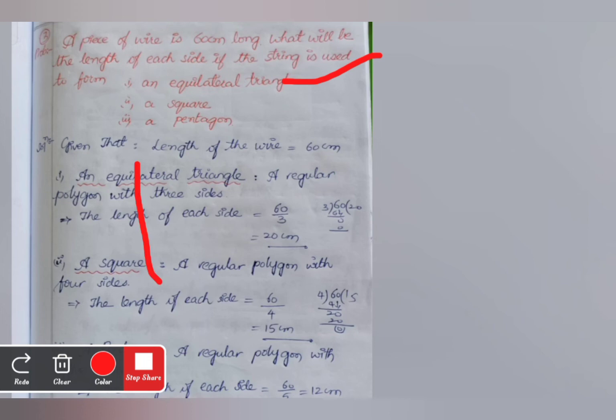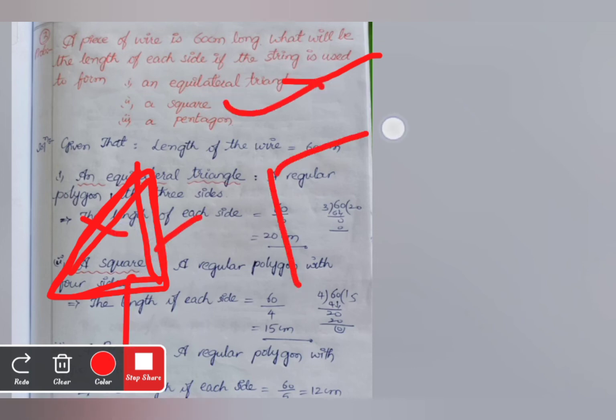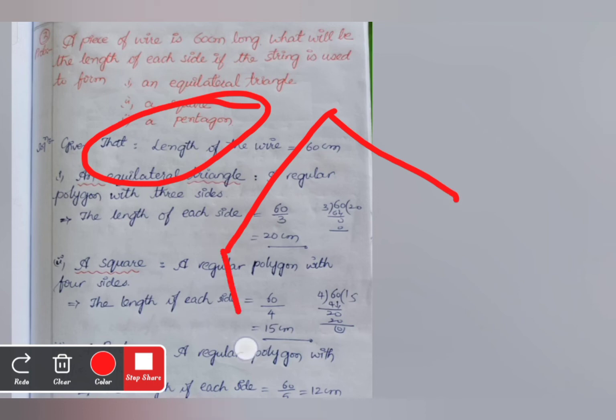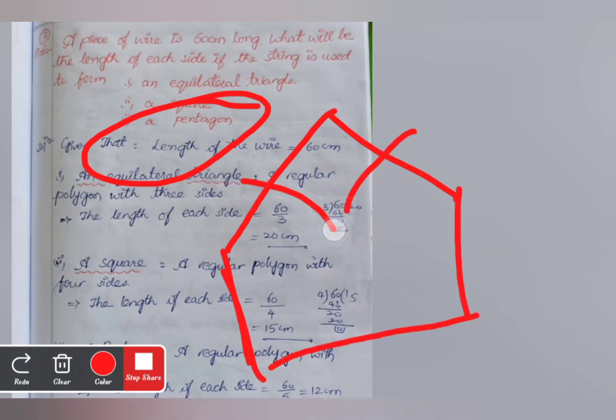An equilateral triangle is a three-sided closed figure in which all sides are equal. A square is a four-sided closed figure in which all sides are equal. A pentagon is a five-sided closed figure in which all five sides are equal.